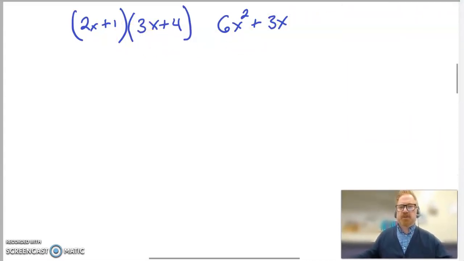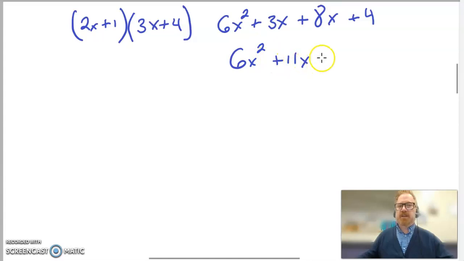I'll move this down. And then outside 2x times 4 plus 8x, and then 1 times 4 plus 4. Combine some like terms when we get 6x squared plus 11x plus 4.